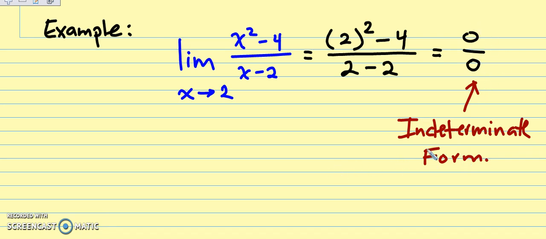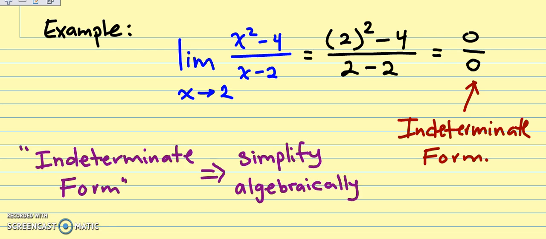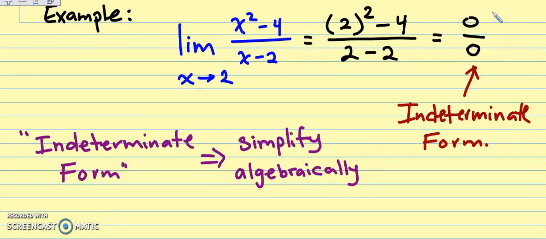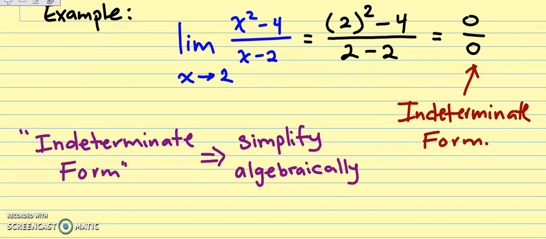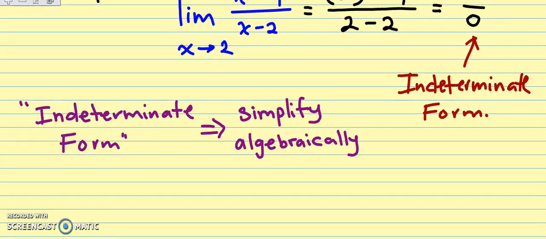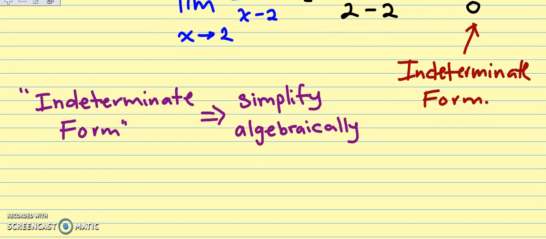However, indeterminate form tells us that we can do some kind of algebra to simplify the function. So x squared minus 4 over x minus 2. By us getting this indeterminate form, we know that we can simplify this somehow. So how are we going to simplify that?